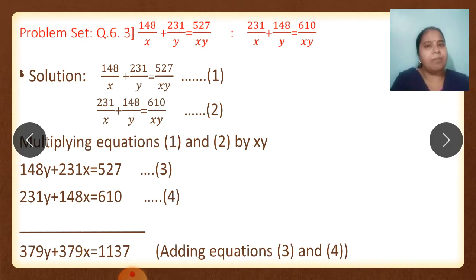Now it has become a linear equation in the standard form. Yes or no? Same way, we can multiply the second equation also by xy and get it in this form. That is 231y plus 148x is equal to 610.